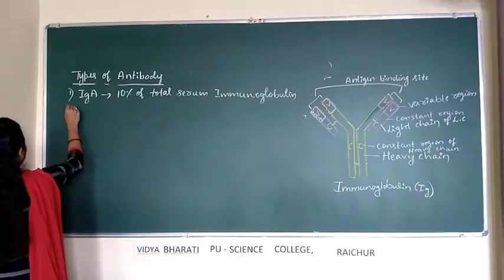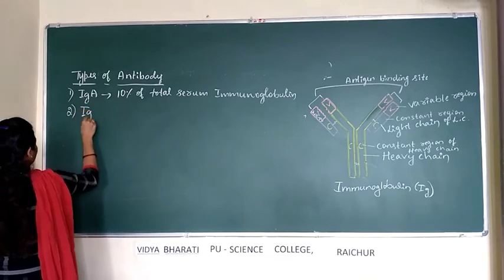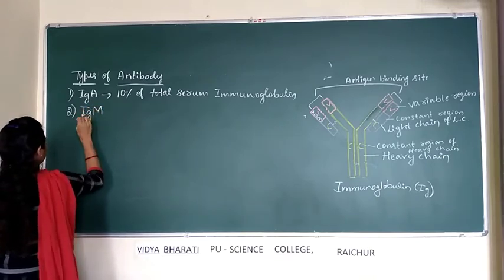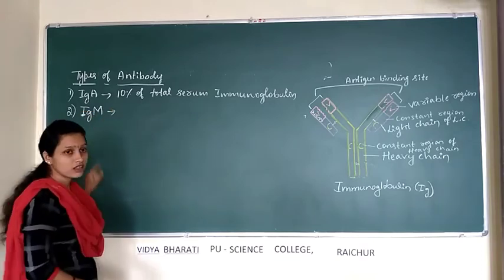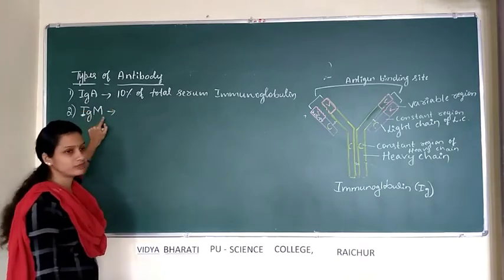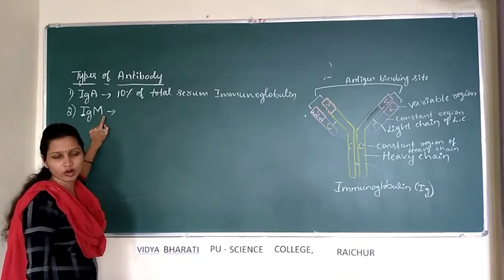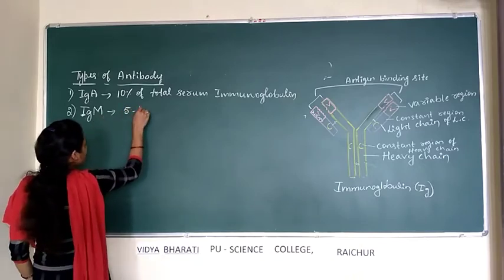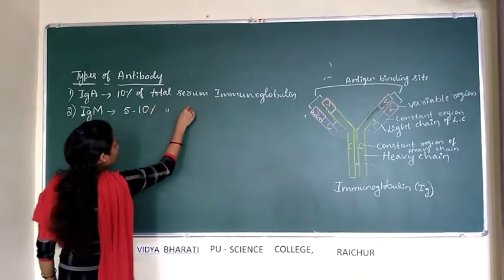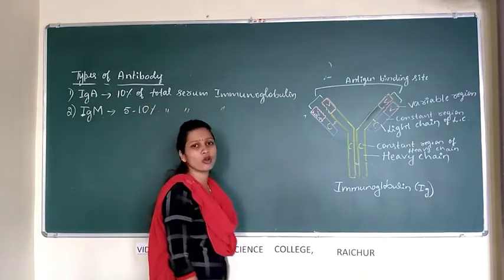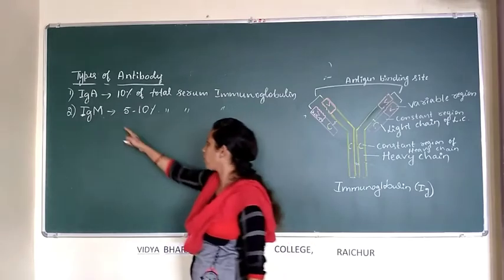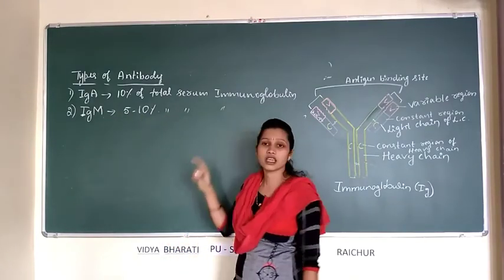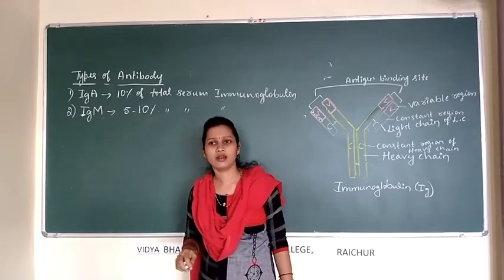Then another type is IgM, immunoglobulin M. It constitutes around 5 to 10% of total serum immunoglobulin.